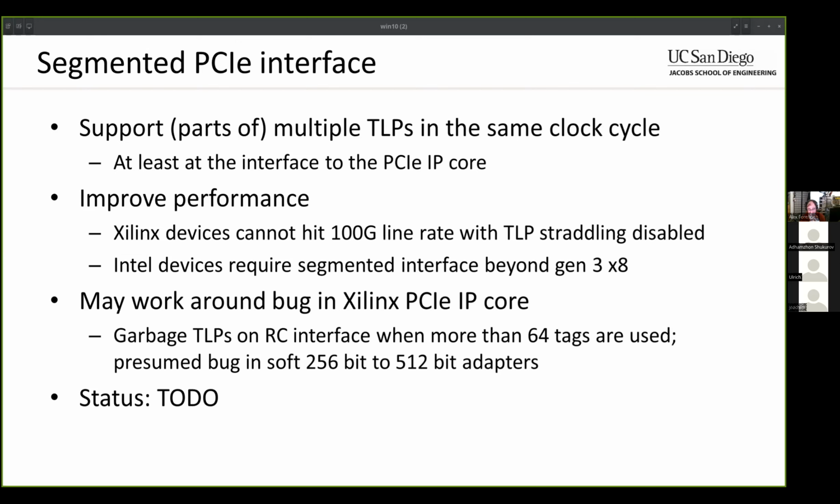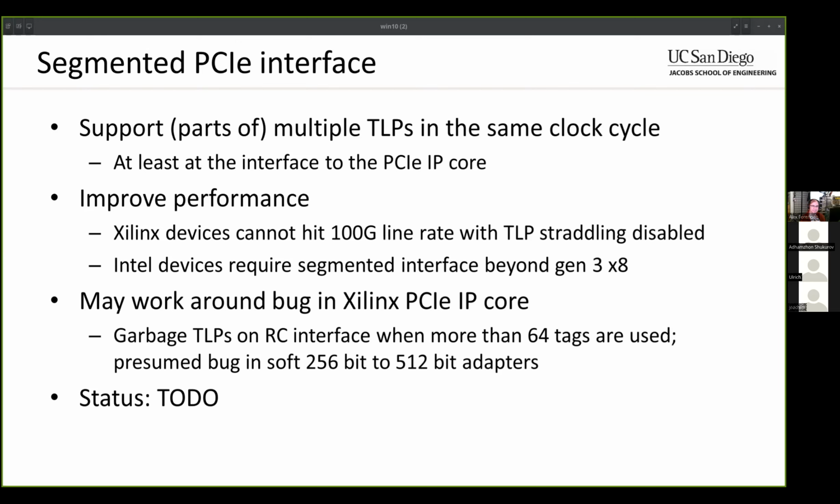Right now, Xilinx devices actually cannot hit 100 gig line rate, even with TLP straddling disabled, so that's just one TLP per clock cycle. It gets pretty close, I think 97, 98 gigabits per second, but line rate at 100 gig, or with 9K MTU, is higher than that.